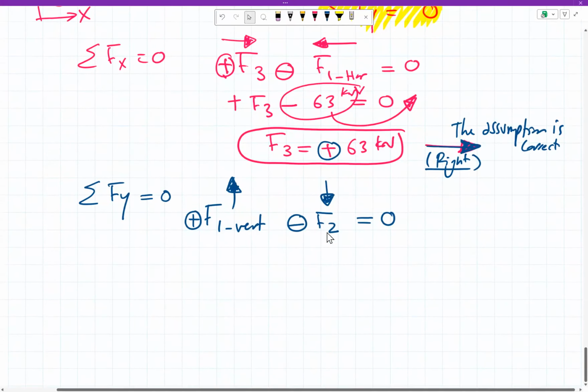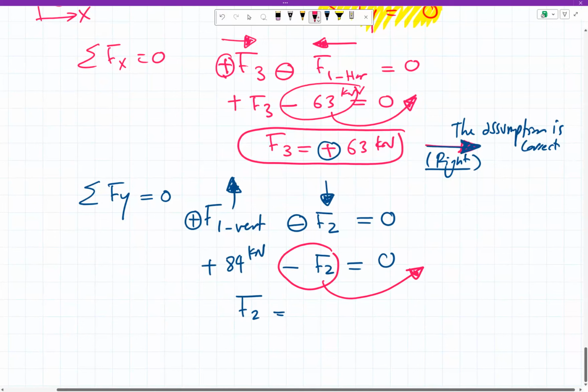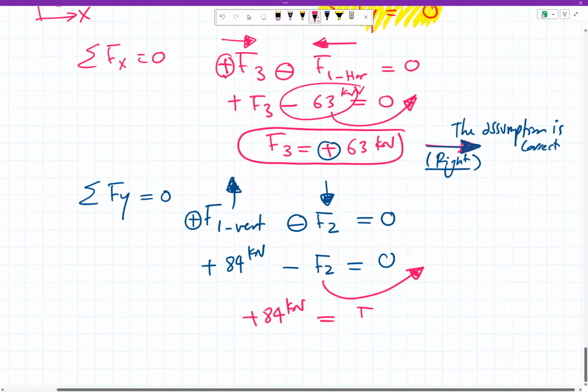So now we have plus 84 kilonewton minus F2 equal to 0. So F2 equal to what here? I will move the negative to the other side, and it becomes positive. So 84 equals F2. F2 becomes positive 84 kilonewton.